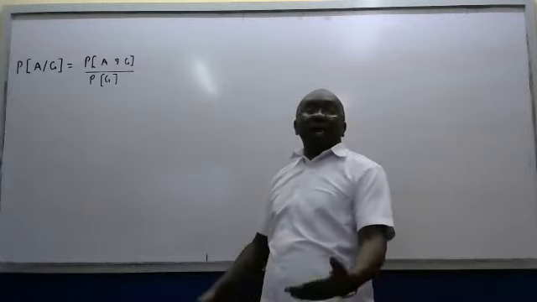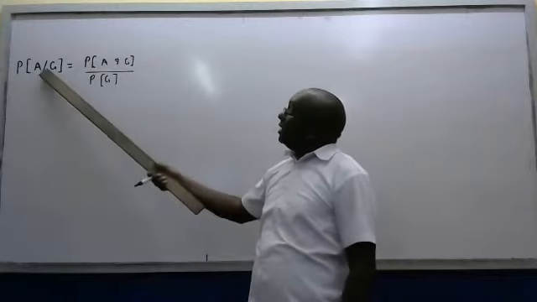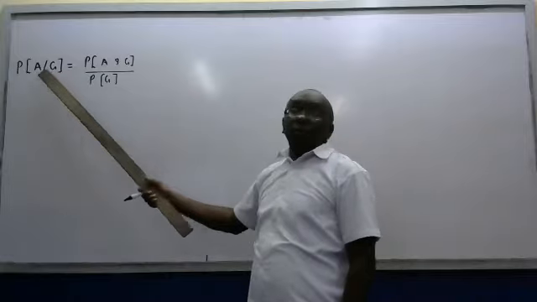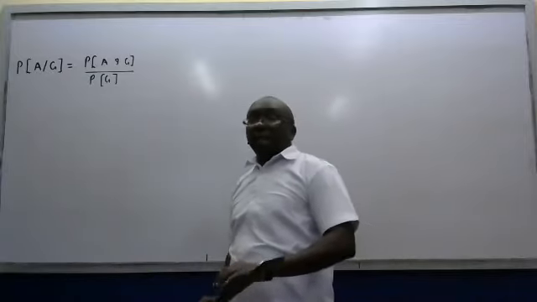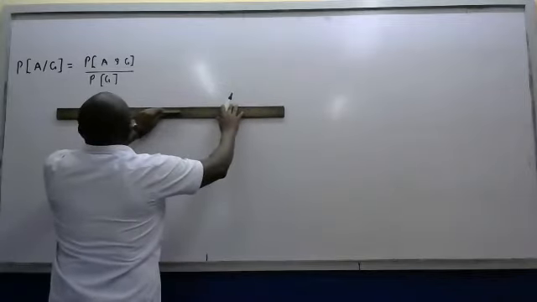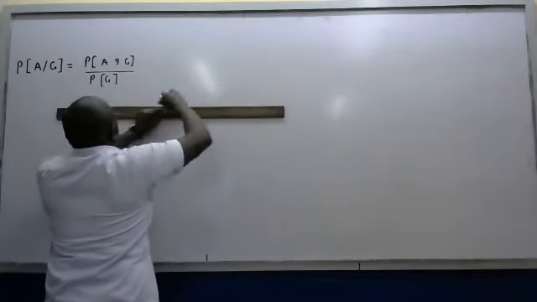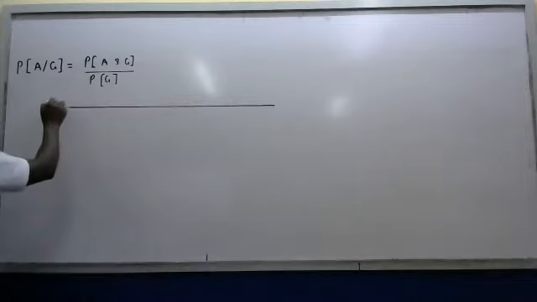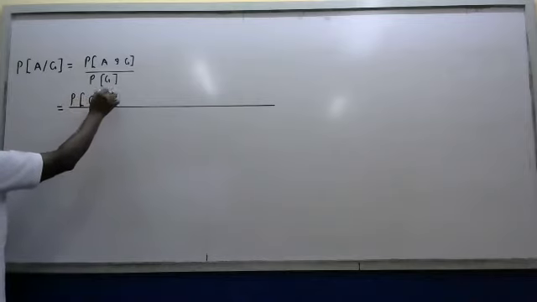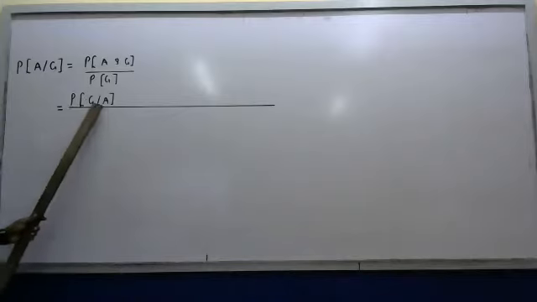So to make it practical, you flip it. So that now you start with G given who? A. So you can see the flip.